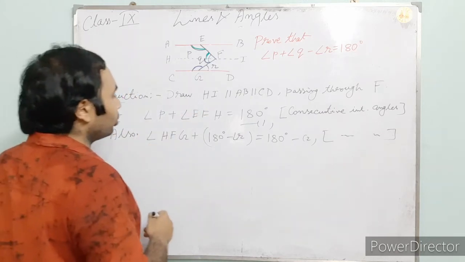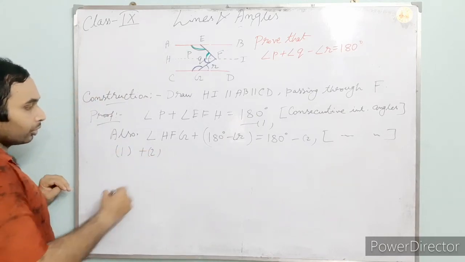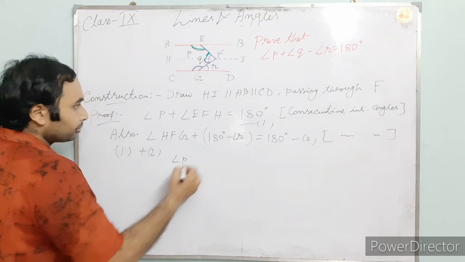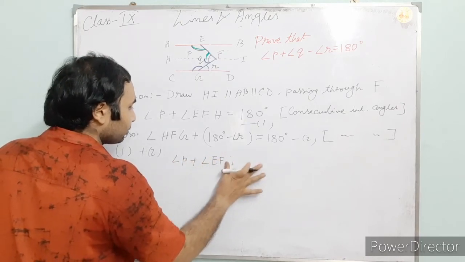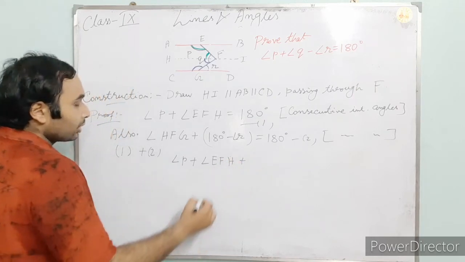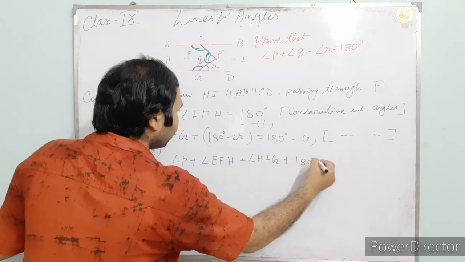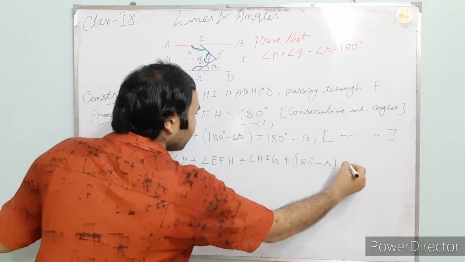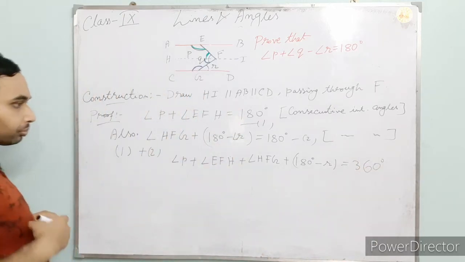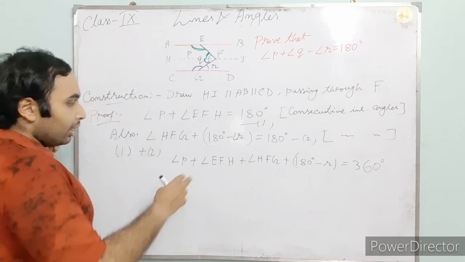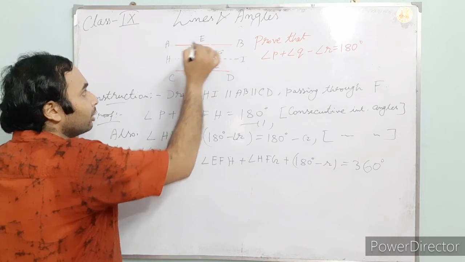So now joining those two, 1 plus 2, what are we getting? Angle P plus angle EFH plus angle HFG plus 180 degree minus R equals 360 degree. Just add those two. Angle P is here. Angle EFH is this one.